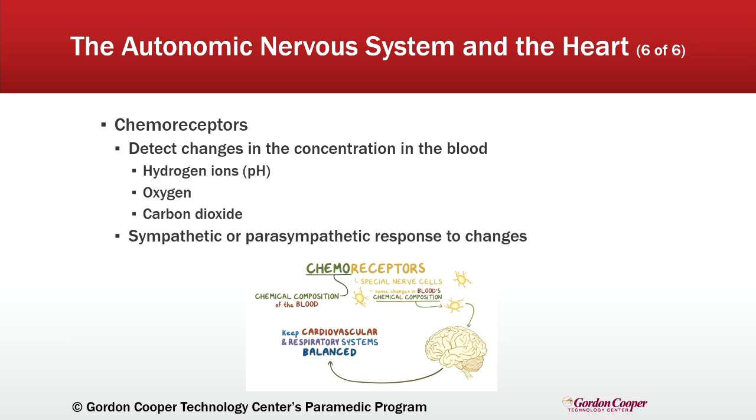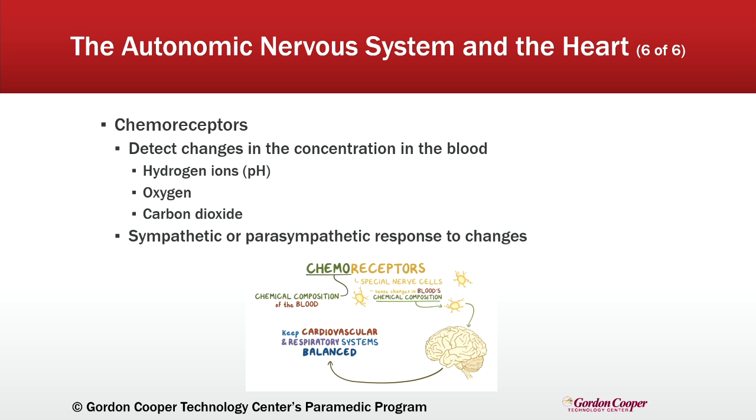So let's talk about chemoreceptors. That's just another set of important sensors in our body that help monitor the chemical composition of our blood. Chemoreceptors are found in the internal carotid arteries, the aortic arch, as well as the medulla of the brain. These locations are important because they help monitor blood flow and the gas exchange processes happening in our body.